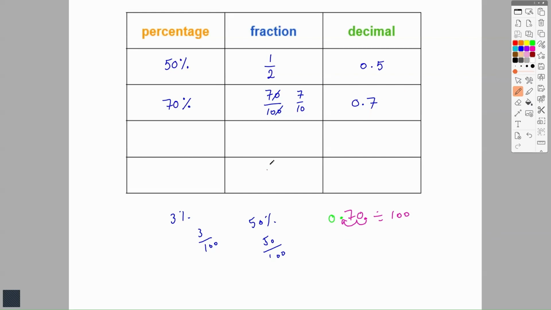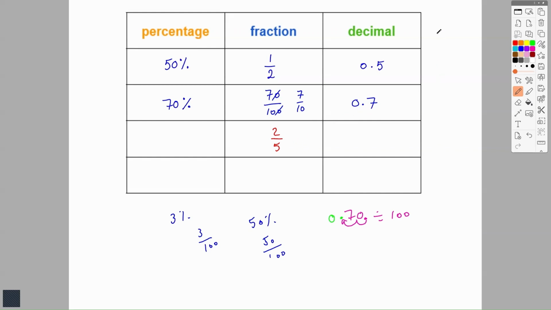Now, what if we have a fraction like 2/5? How do we deal with that? We need to convert this to a decimal. A decimal number is a fraction whose denominator is a power of 10.